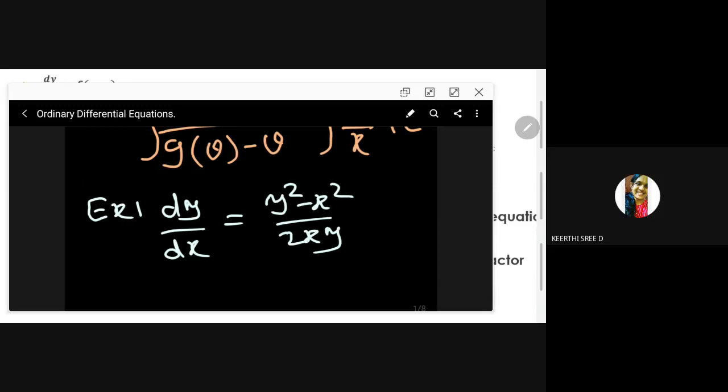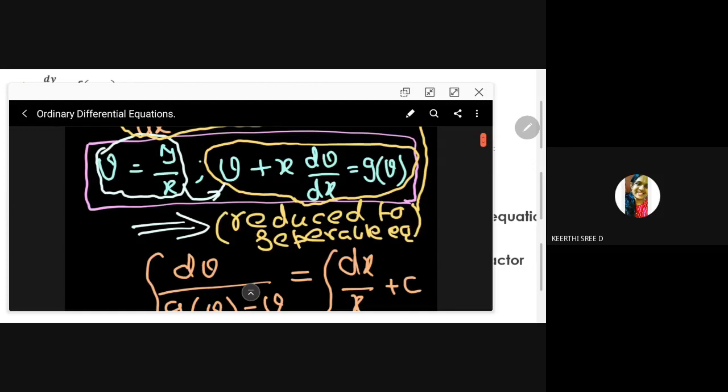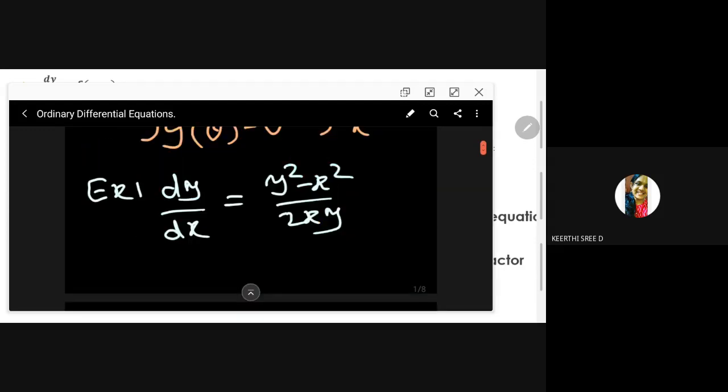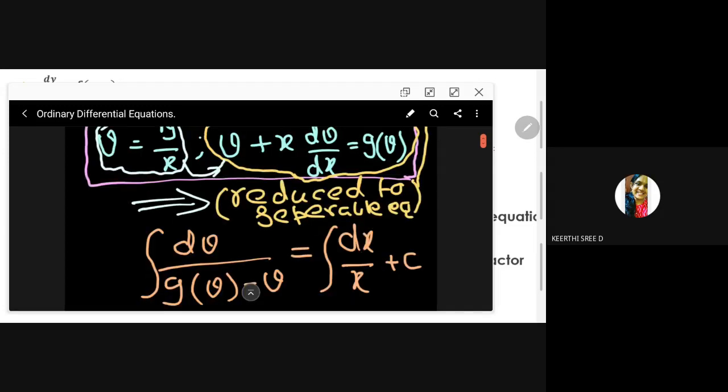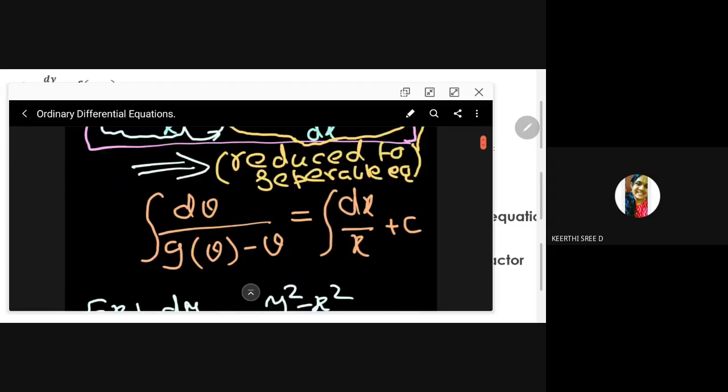If this is the case, see what is our v? You need to identify that z. Z is y by x.